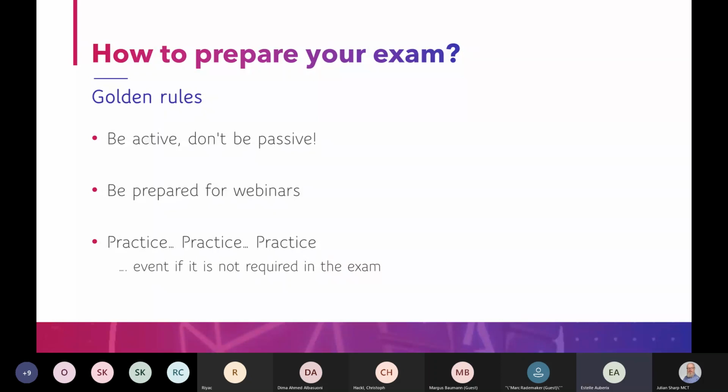And it's not very efficient, because when you get lost during a webinar, you lose your attention. Sometimes you disconnect totally, or you stop the webinar, so you miss the end of the session, and this is not good for your self-confidence.